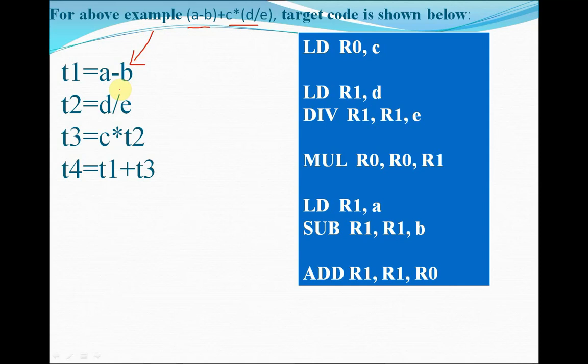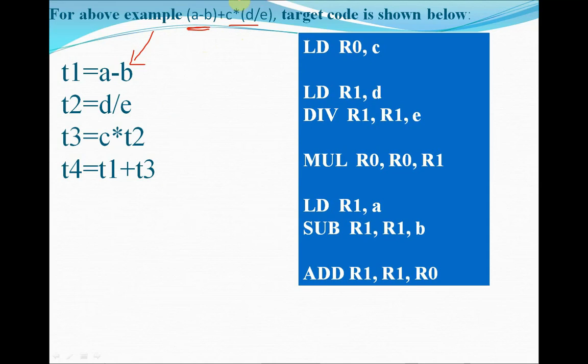Already we have obtained the minimum cost is 7, so you have to use 7 instructions only to generate the target code, and this can be done in different ways also. That means I can translate first a minus b and thereafter d by e, and after that c into d by e, like that. So I'm taking one option here.